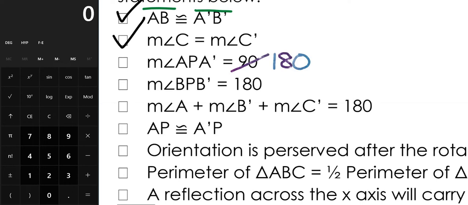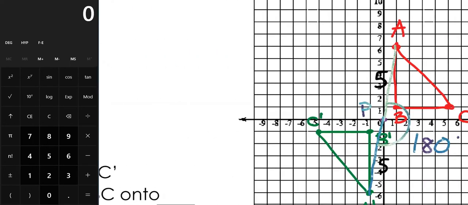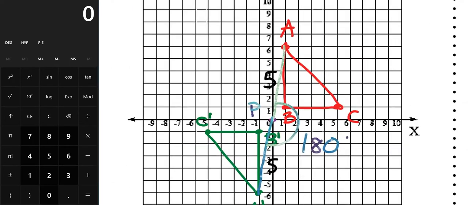B, P, B prime. Okay, let's go to our diagram. B, P, B prime. All right, so I'm going to connect B to P and P to B prime. So that's this little short line segment. Now again, if it's a straight line segment, that means it's a straight angle.